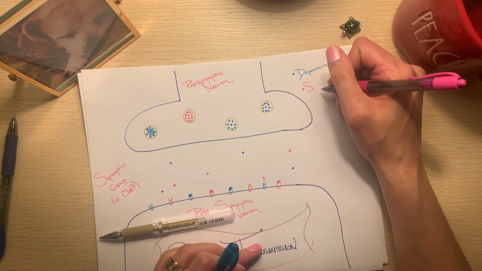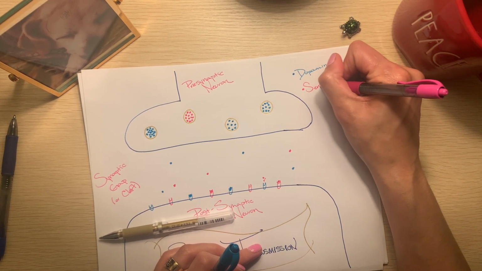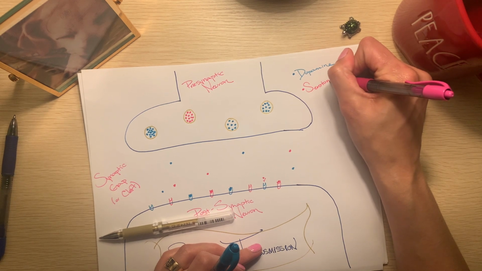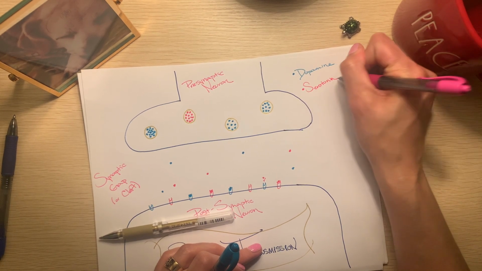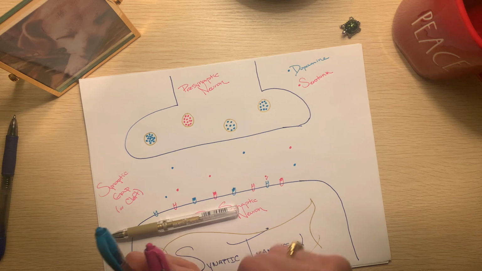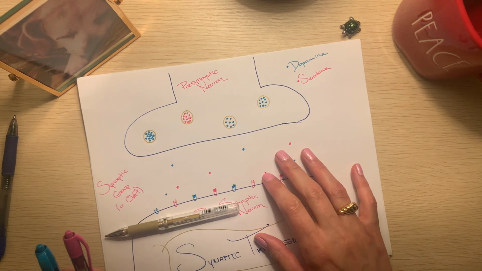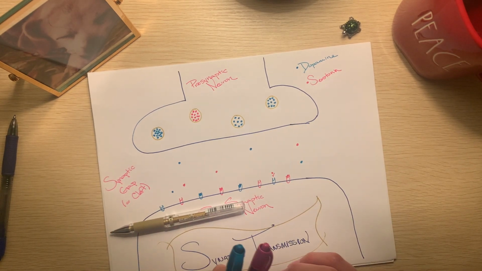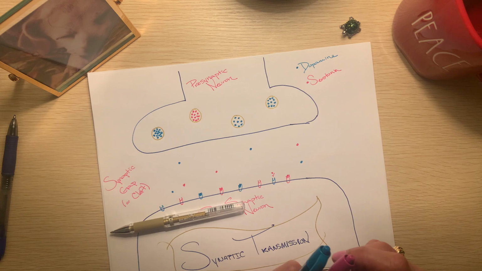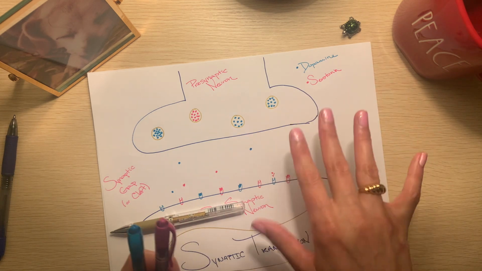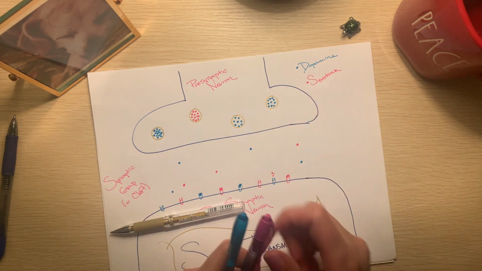These are two feel-good neurotransmitters. Other feel-good neurotransmitters are norepinephrine, a good example. Oxytocin, vasopressin can be, but we're going to go with these for this.